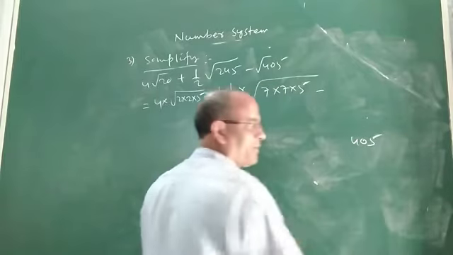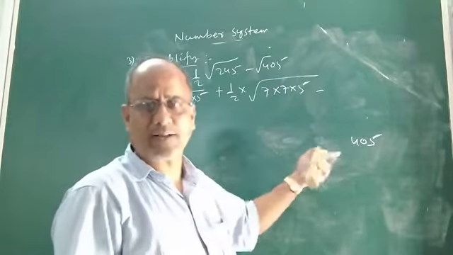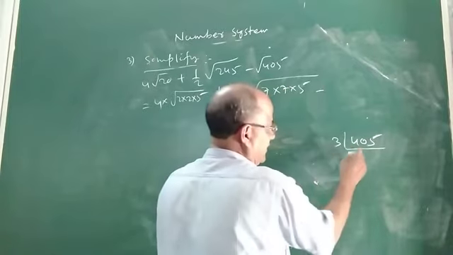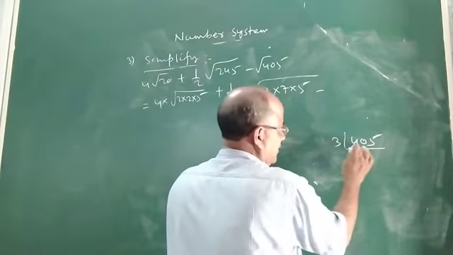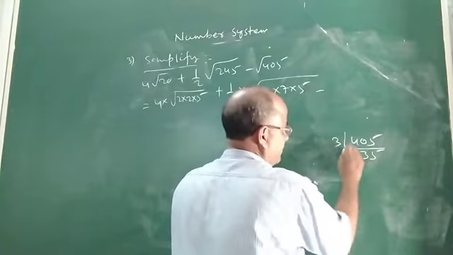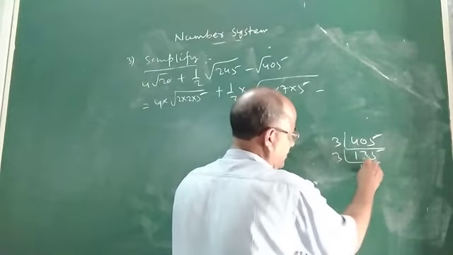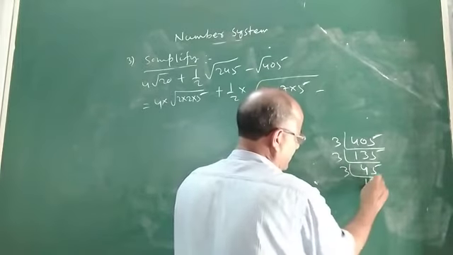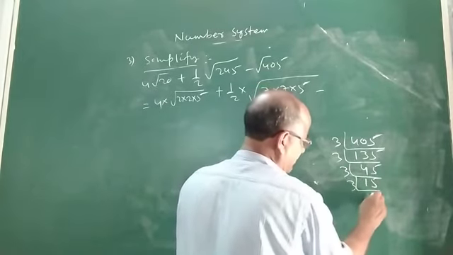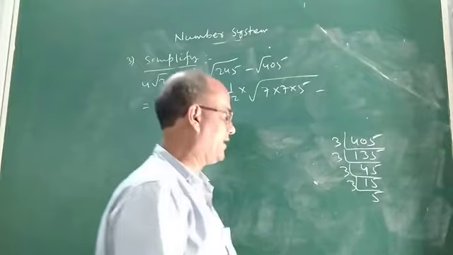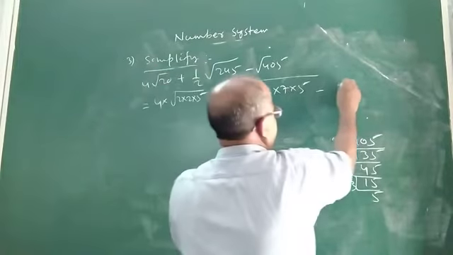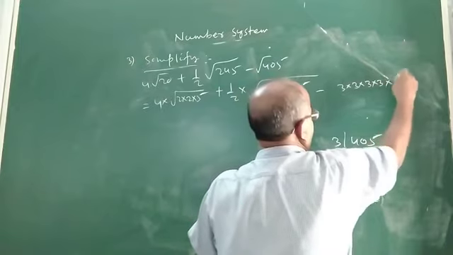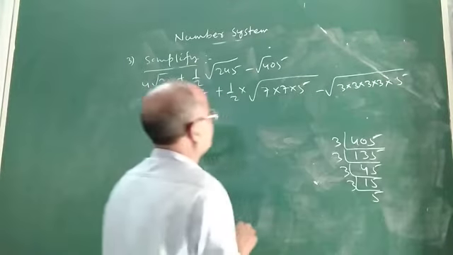We do not know the prime factorization of 405, so let us divide by 3: 3 times 135, 3 times 45, 3 times 15, 3 times 5. So it is 3 into 3 into 3 into 3 into 5, square root.